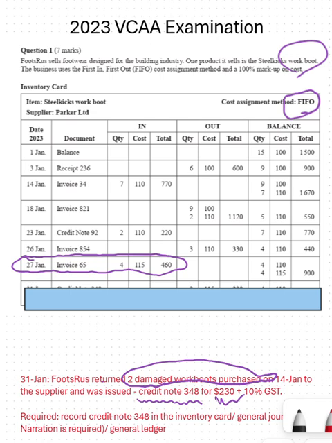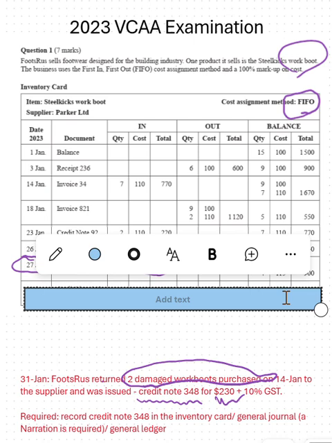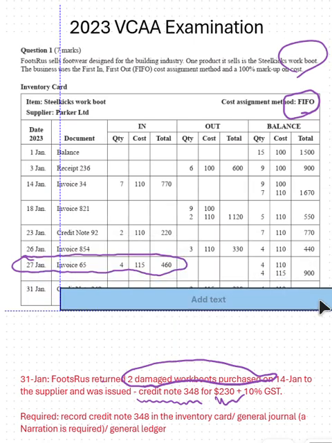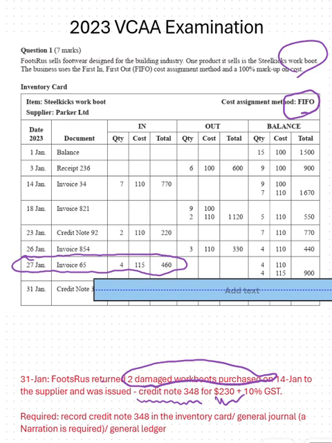Okay, so let's work with the return. The purchase was an in, so therefore we're doing the opposite here. We are taking 2 units out of the business. So the first thing we need to do is record the date. Then we record the source document in the second column.